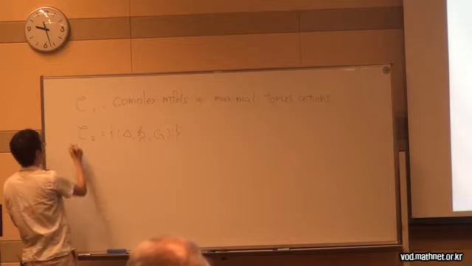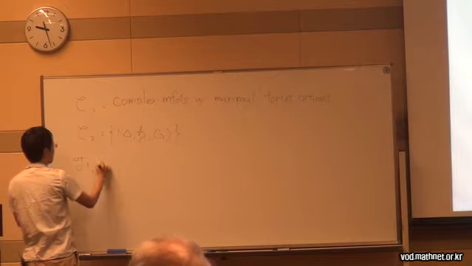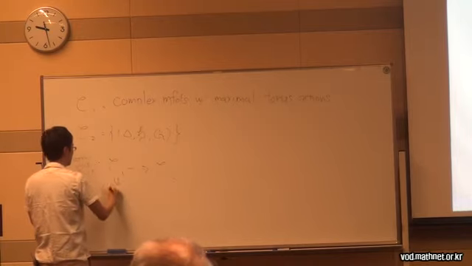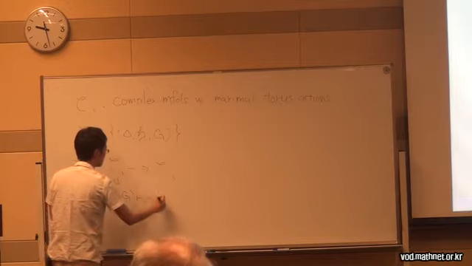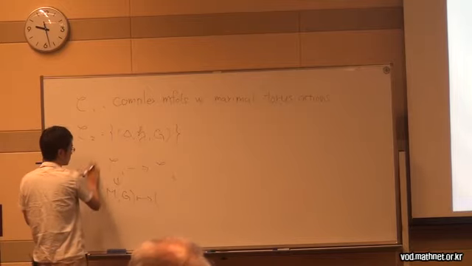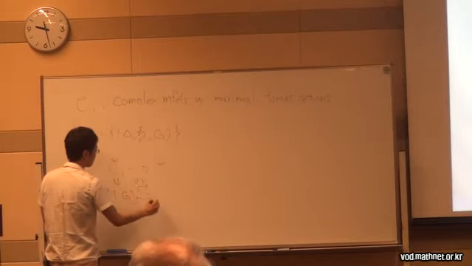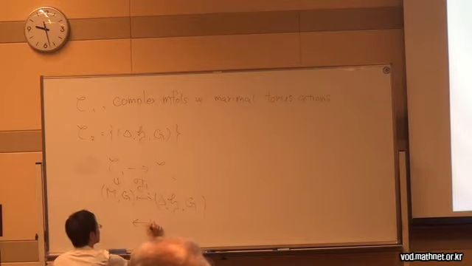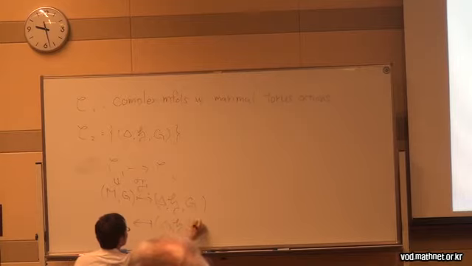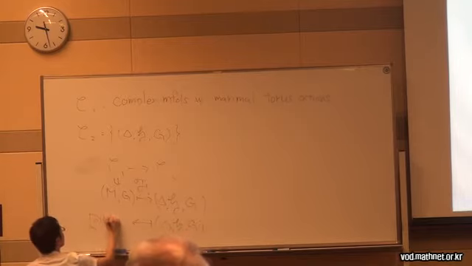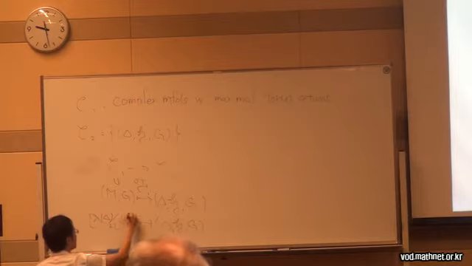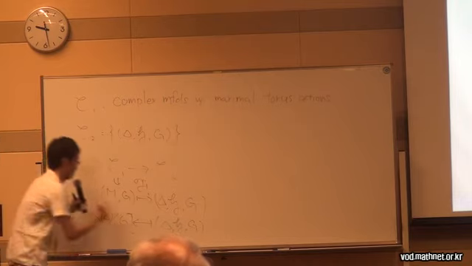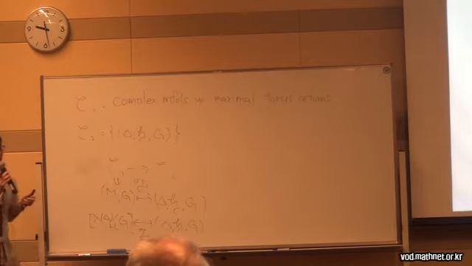So now we have two maps between C1 and C2.